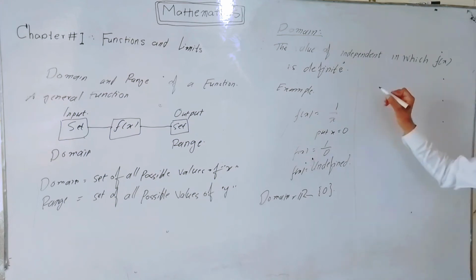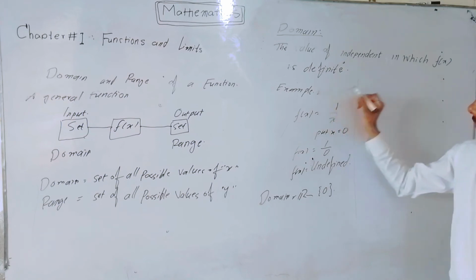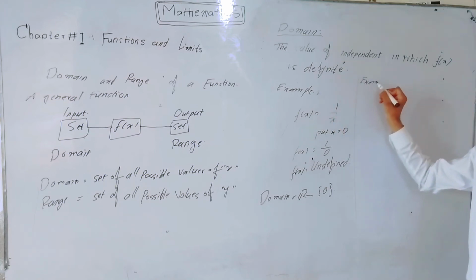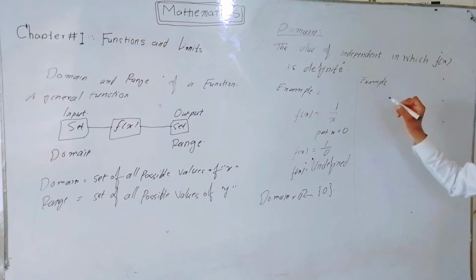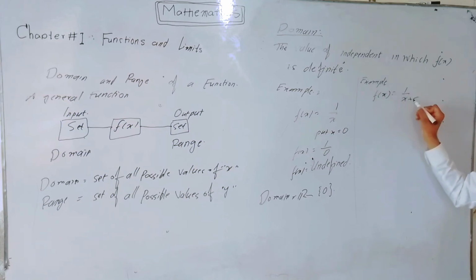Next example. f of x is equal to 1 divided by x plus 5.